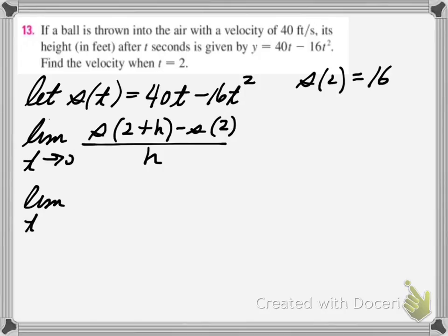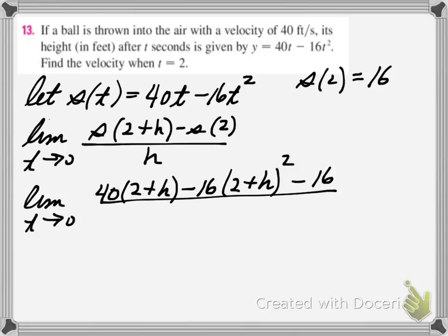All right, so the limit as h is approaching 0 is, substituting 2 plus h into my function, I get the following for my numerator and h for my denominator.